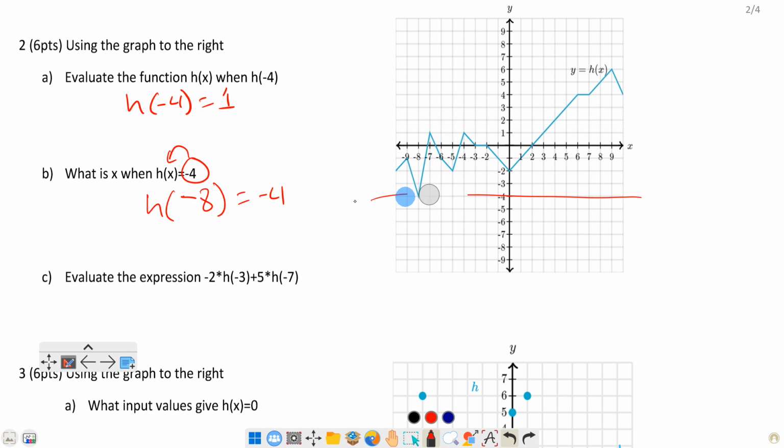But let's say, for instance, that they asked us for 1. Well, in this case, we would have there, we would have here, and we would have here as all possible answers. So then you would have h of 1 is equal to negative 7, comma, negative 4, comma, 3.